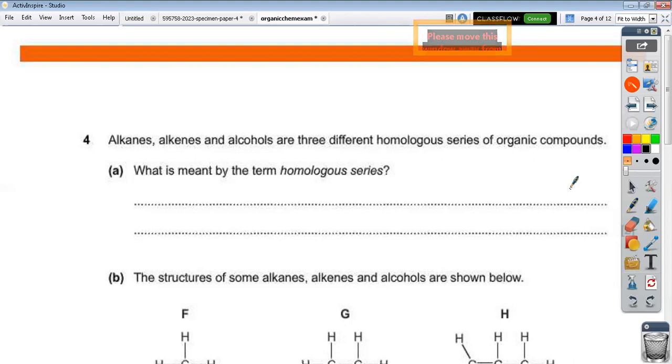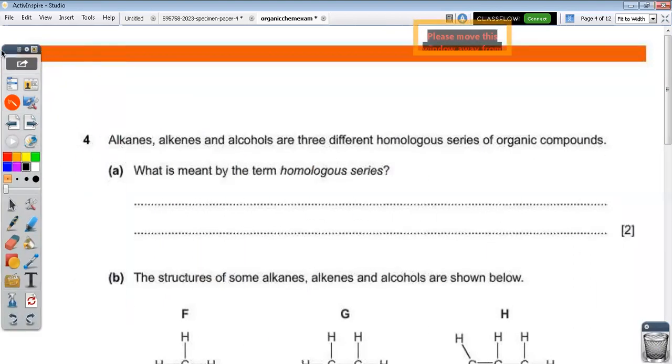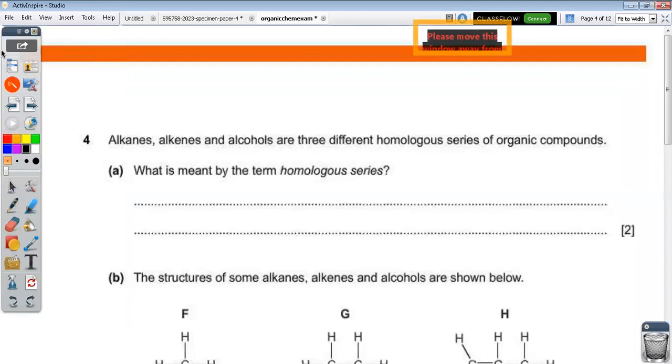I think it's 1 mark. Oh, okay, 2 marks. What's the definition of a homologous series?